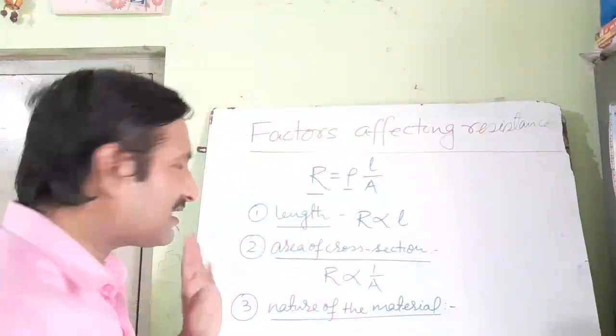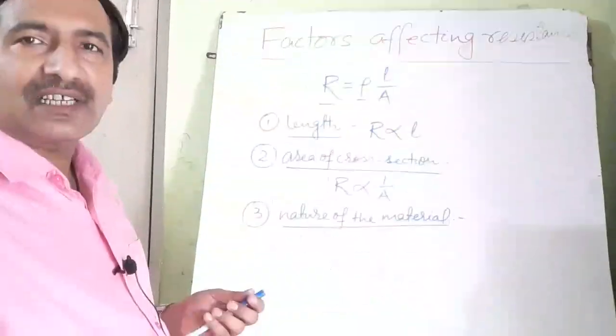Their length and area of cross section are equal. Then why has it changed? The resistance has changed due to the change in the material of the conductor. Got it? So it depends upon the nature of the material of the conductor.